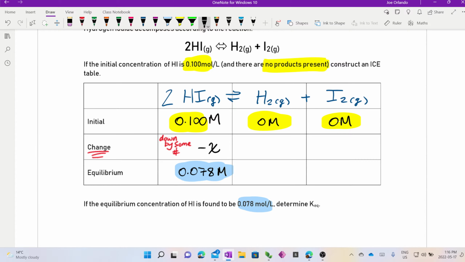And in fact, we're going to come back to this in a moment. Because, while this concentration is going down, what is happening to these concentrations? These are going up. Is there a relationship between how much this number goes down and how much these numbers go up?